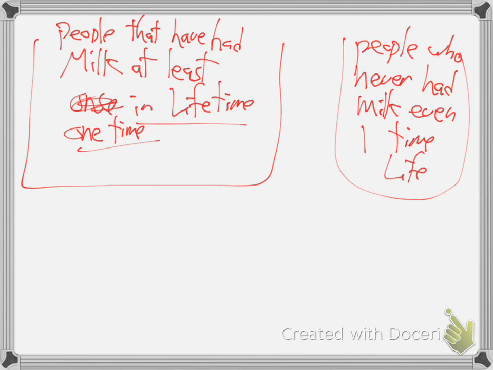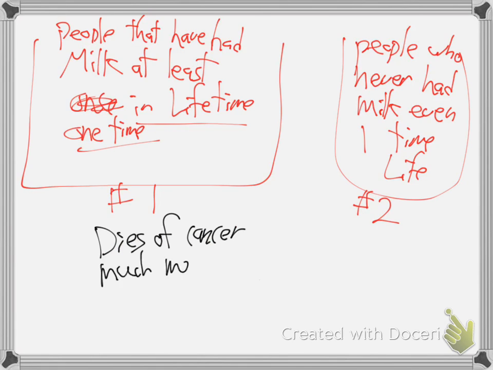So there's group number one, group number two. If you break those up, did you know this group dies of cancer much more frequently? That's true. I'm not saying false things. That is the truth.